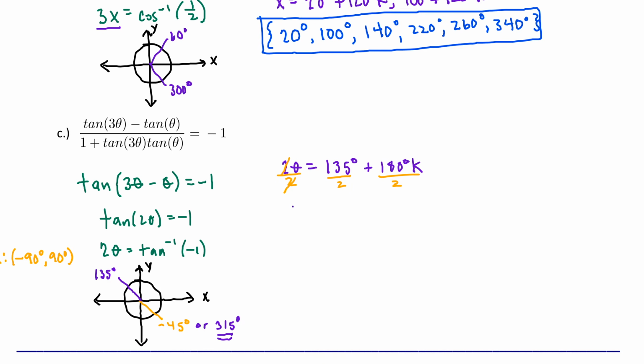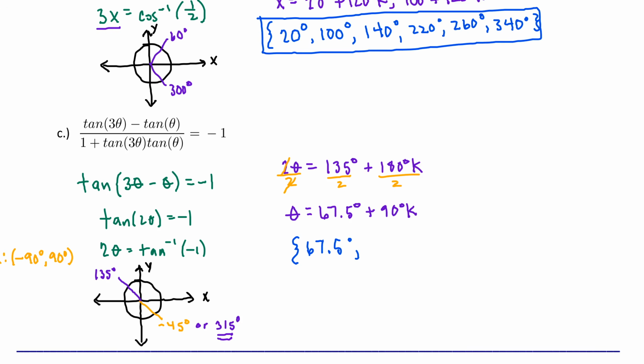In degrees, 135 divided by 2 gives us 67.5 degrees plus any integer multiple of 90 degrees. Let's use that to pick up the values that are between 0 and 360 degrees. So 67.5 degrees is our first solution.